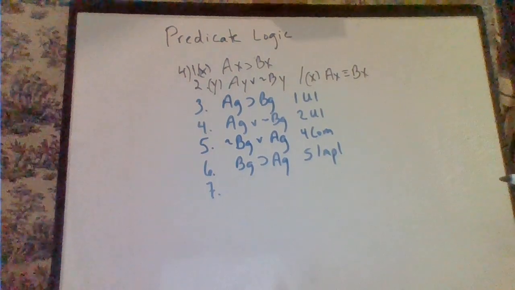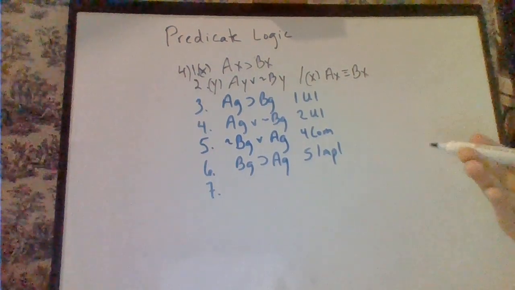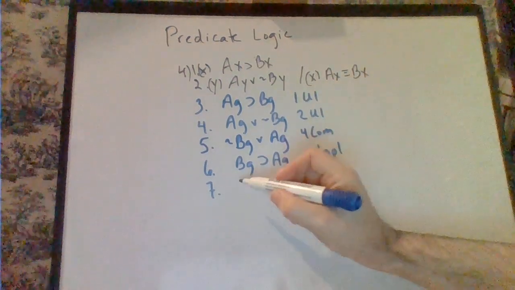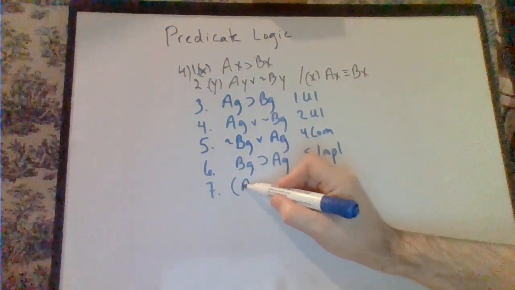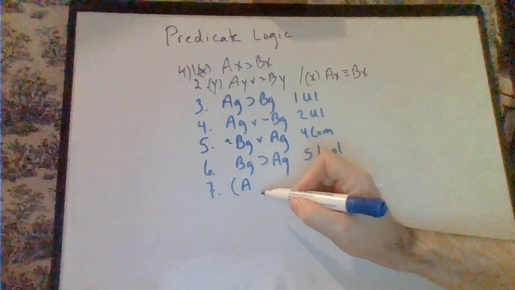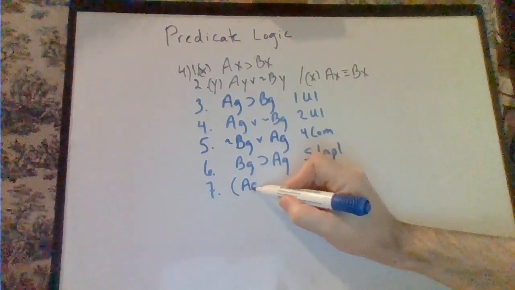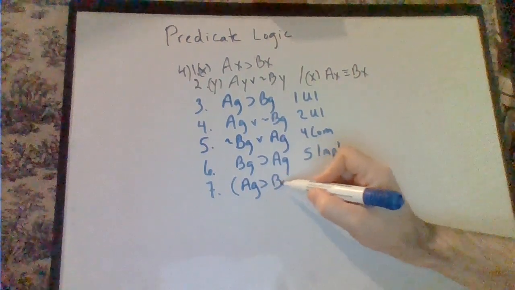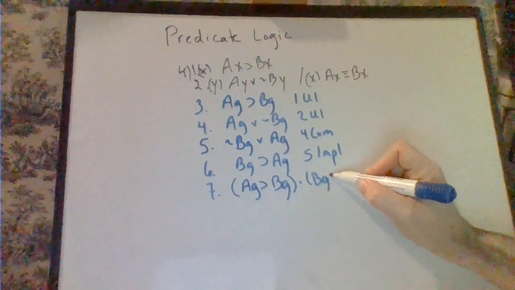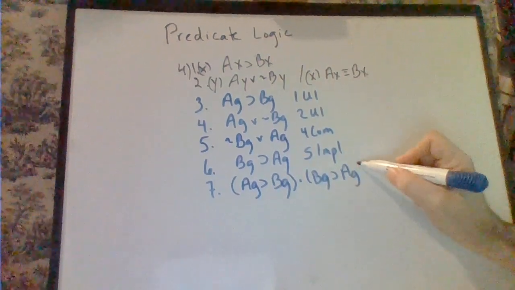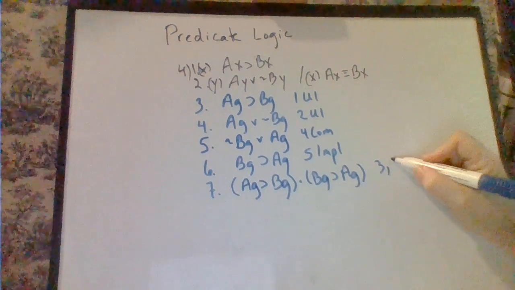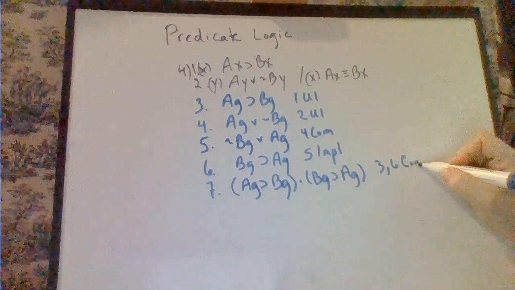Line 7, we're just going to take the Ag then Bg and the Bg then Ag and stick them together using conjunction. So that would be lines 3 and 6 through conjunction.